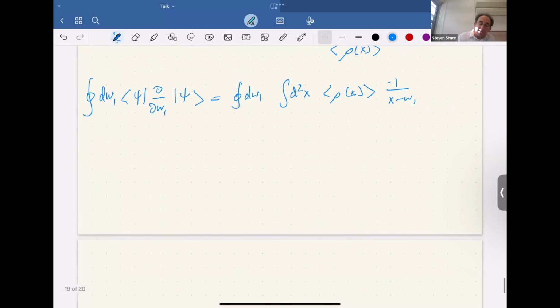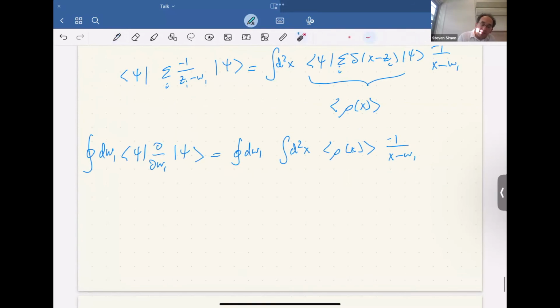And okay, now we'll switch the orders of integration, and you'll notice that the integral of dw1 around this is going to give me a pole, a 2 pi I pole, equals 2 pi I for each electron I go around.